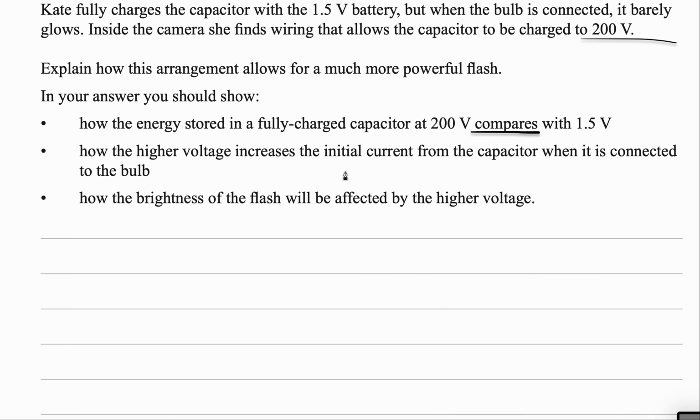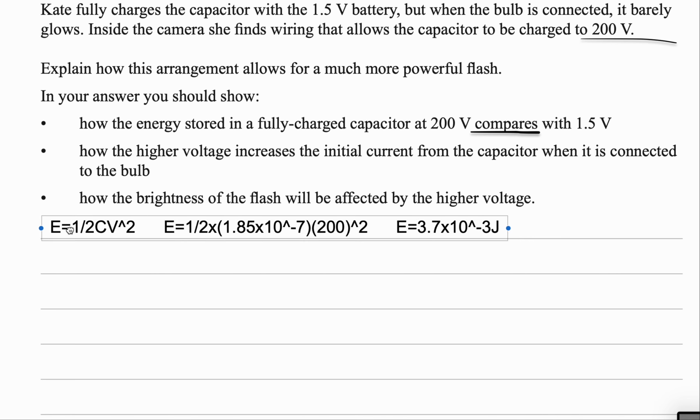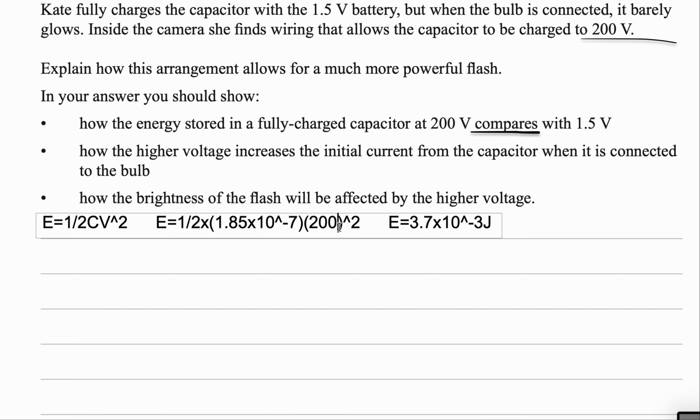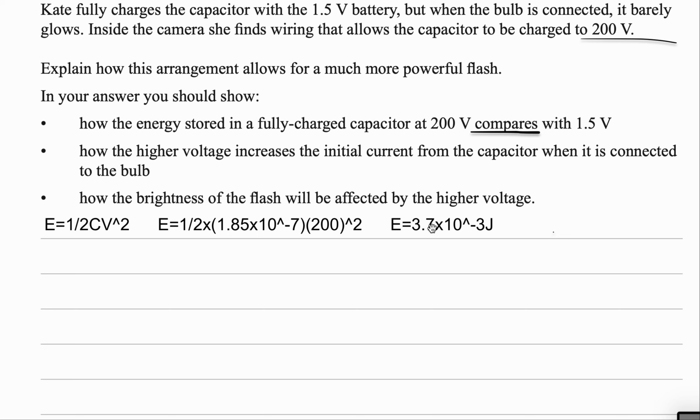Okay, so first step is to show the comparison of the energy with the two different voltages. So just use our formula here again from question 1. Going to plug in our values, same thing as before, but this time it's 200 instead of 1.5. So now we get the answer of 3.7 times 10 to the power of negative 3 joules with the 200 volt battery.